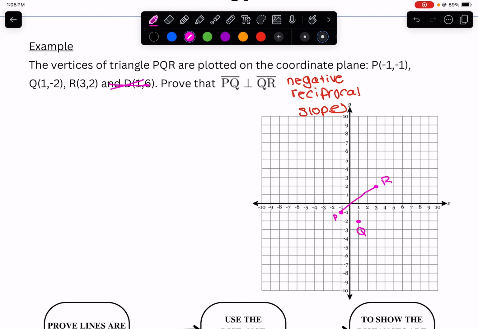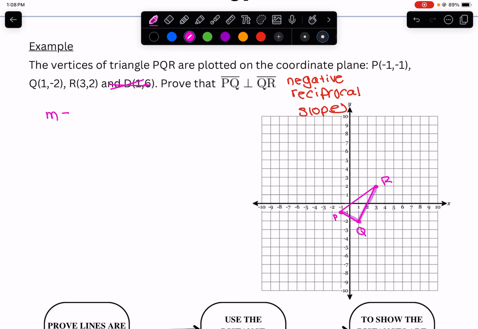So I'm going to plot my points. So I have my triangle. So we're trying to show that PQ is perpendicular to QR. So I'm looking at these two pieces. So I need to know the slope.